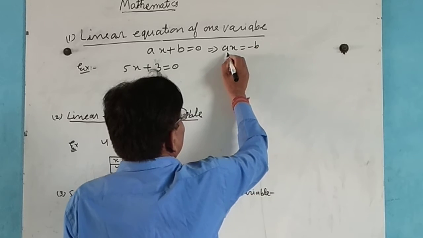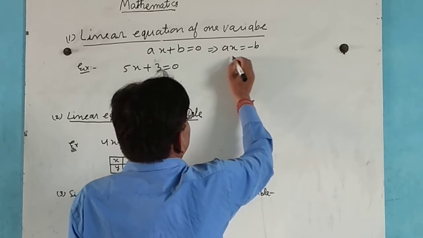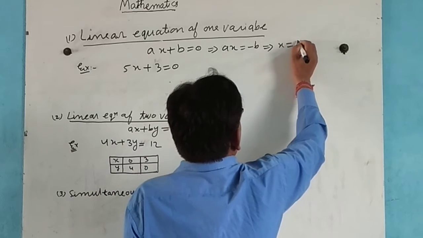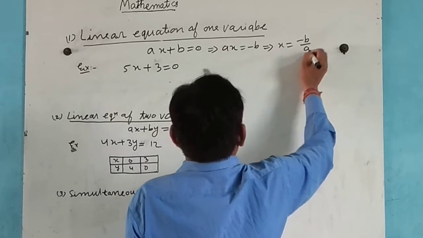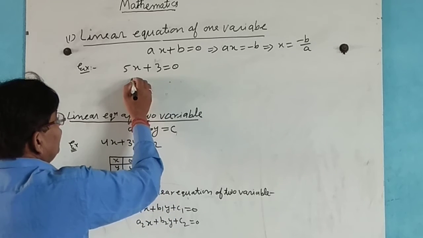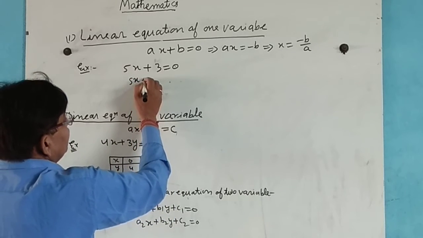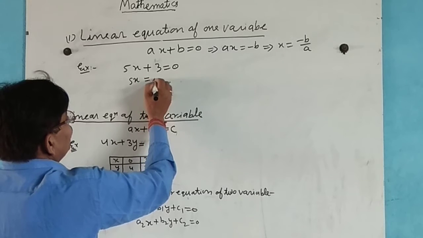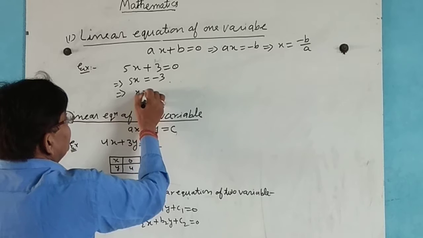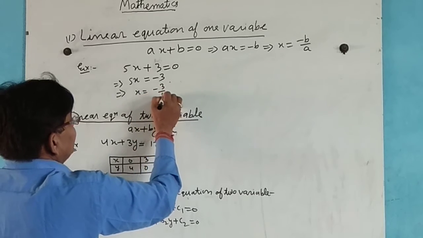Also, we change the side of a, x equals minus b by a. In this sense, 5x equals minus 3 implies that x is equal to minus 3 by 5.